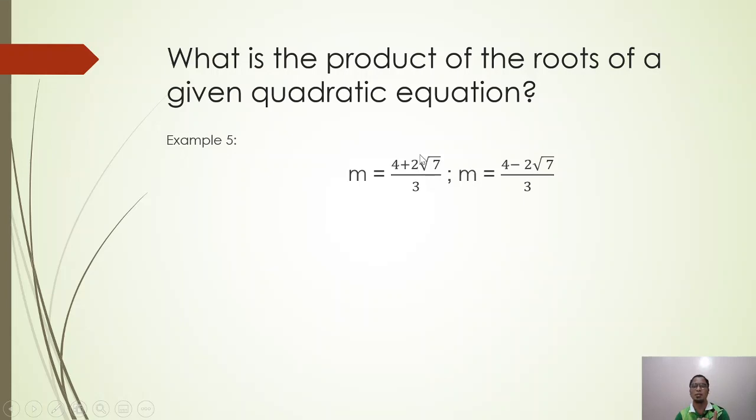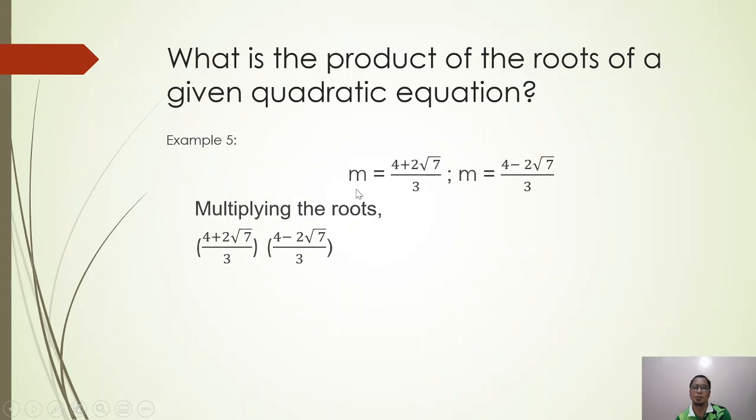Ang dapat po nating alam, basta nag-multiply tayo ng fraction, we multiply numerator to numerator, denominator to denominator. So, kunin natin, multiplying the roots. Ayan. Ito yung una. Ito yung pangalawa. Kung napansin natin, ang pinagkaiba lang nila, yung plus at saka yung minus sign sa pagitan ng dalawang term natin.